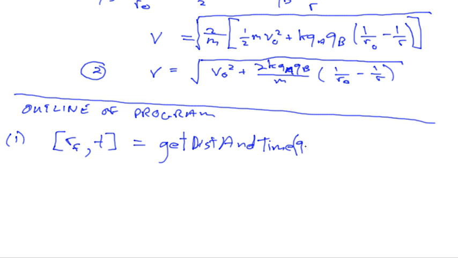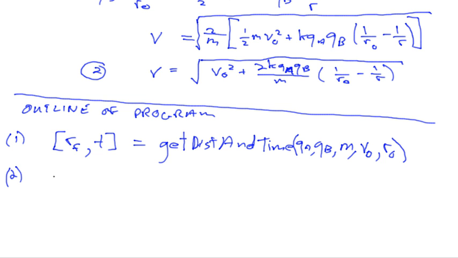So QA, QB, mass, it's the mass of particle B, V0, initial velocity of particle B, and R0, the initial separation of the 2 charged particles. In other words, how far the moving one is from the first one.